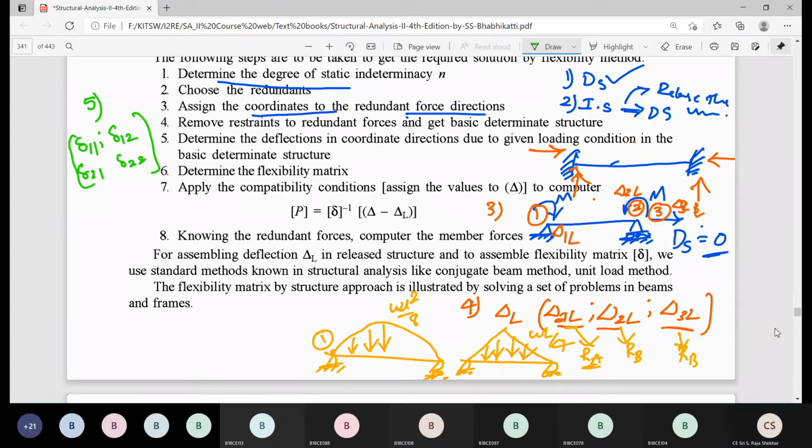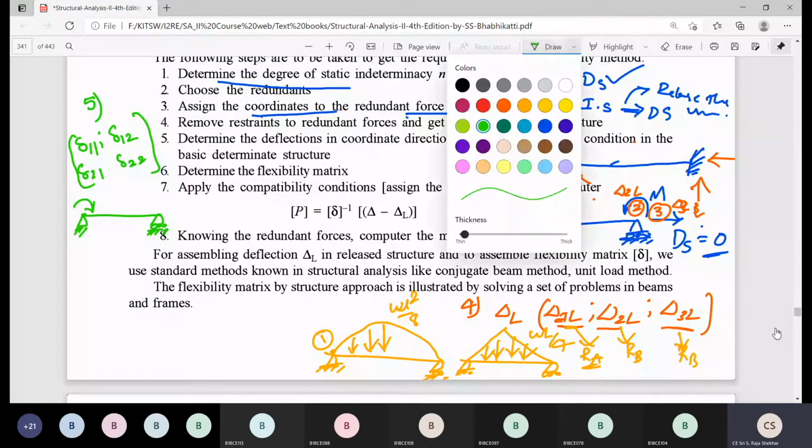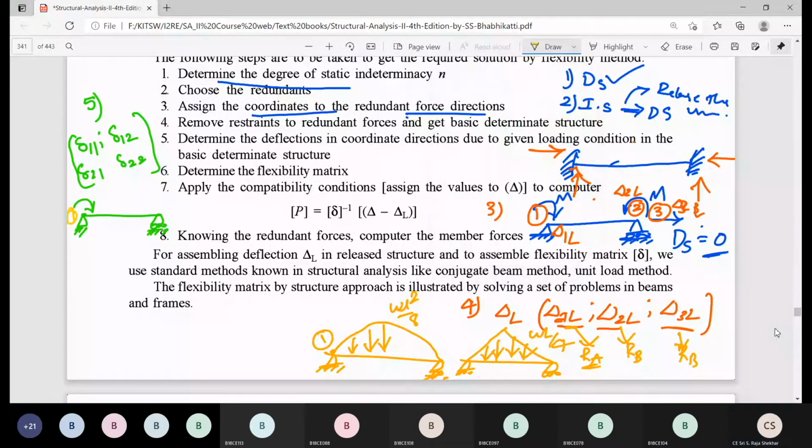For this beam, first, removing all these redundant forces, we need to apply a unit force at coordinate direction 1, and by applying this unit force at coordinate direction 1, we need to draw the free bending moment diagram.